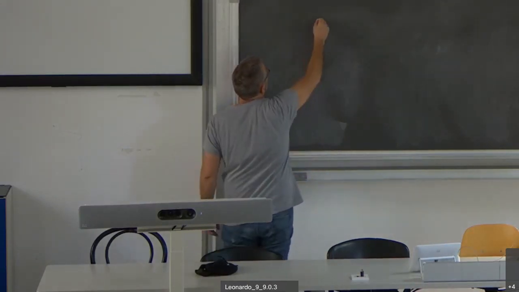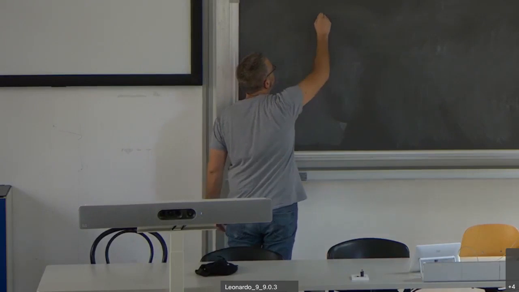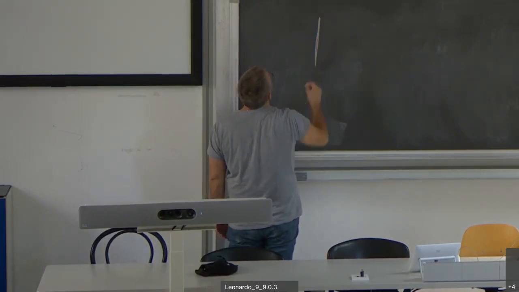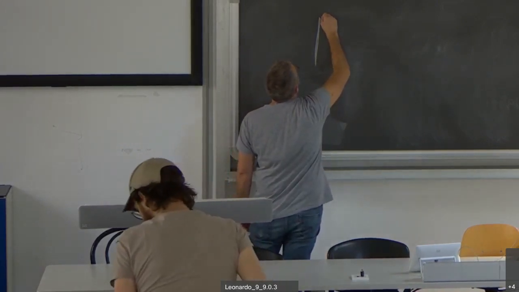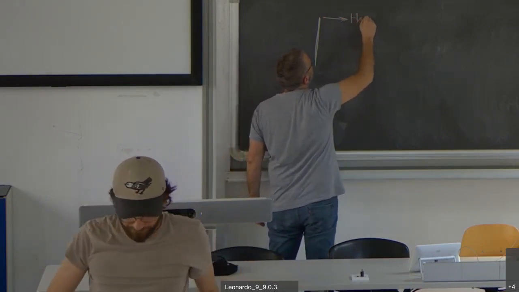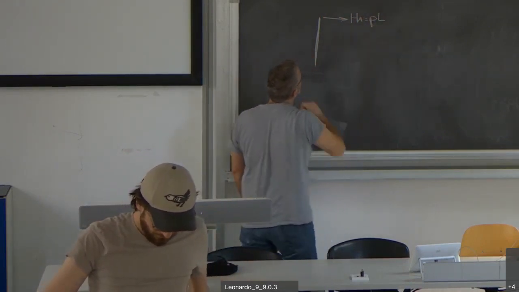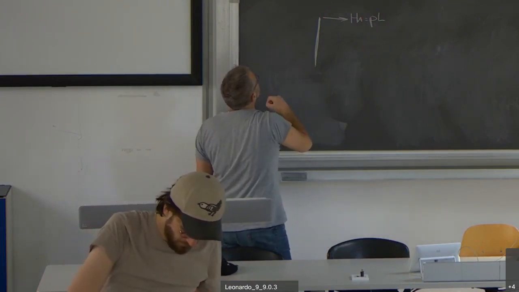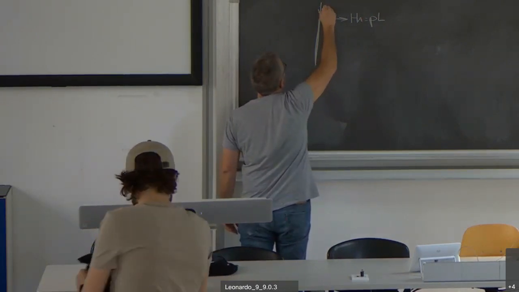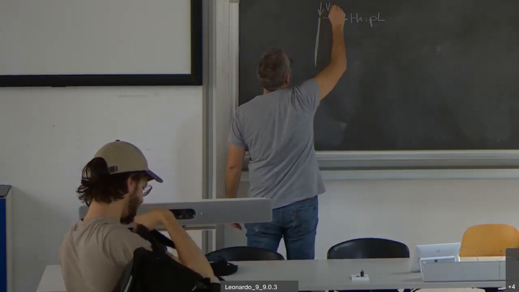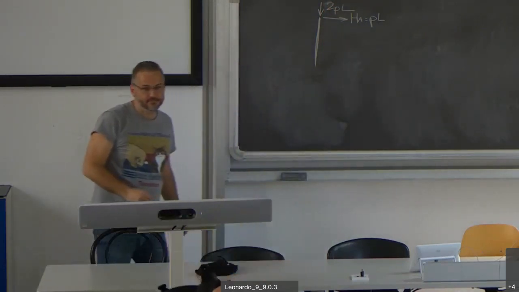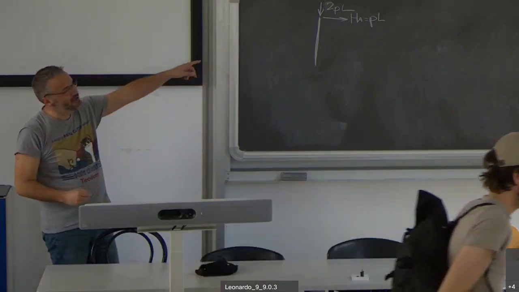So the right part of the structure: HA equal to PL, and then VA, or no, 2PL, correct? Is it right that way?